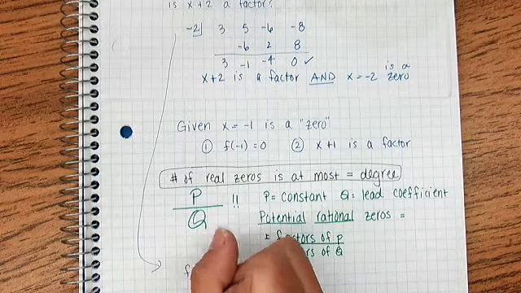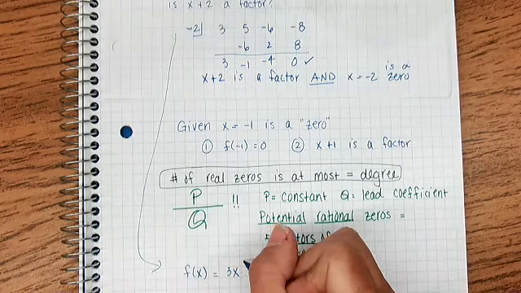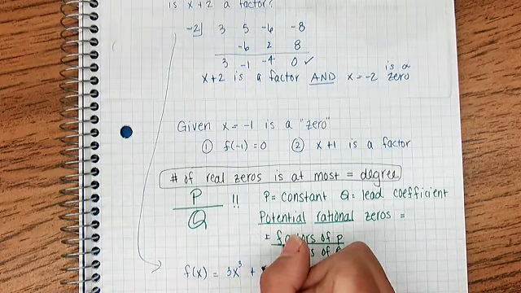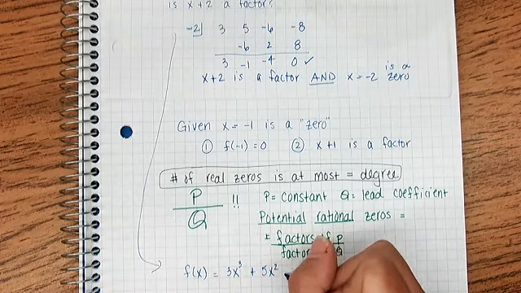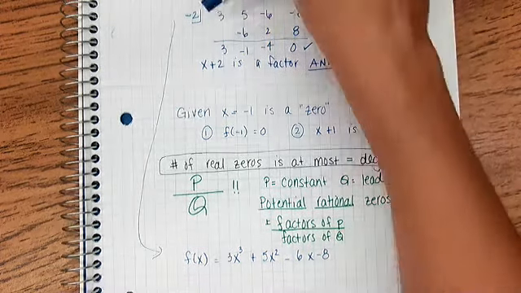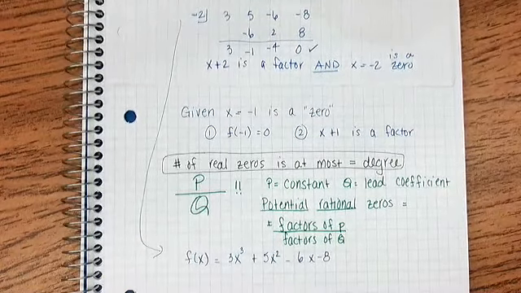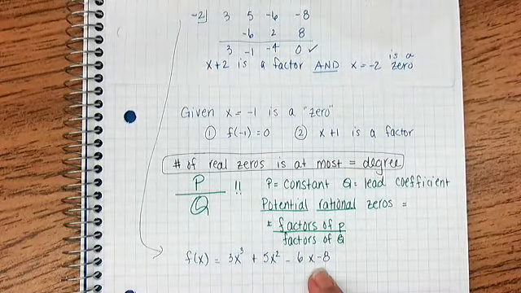The f of x is equal to 3x cubed plus 5x squared minus 6x minus 8. And I want to know the potential rational zeros. My constant is 8.